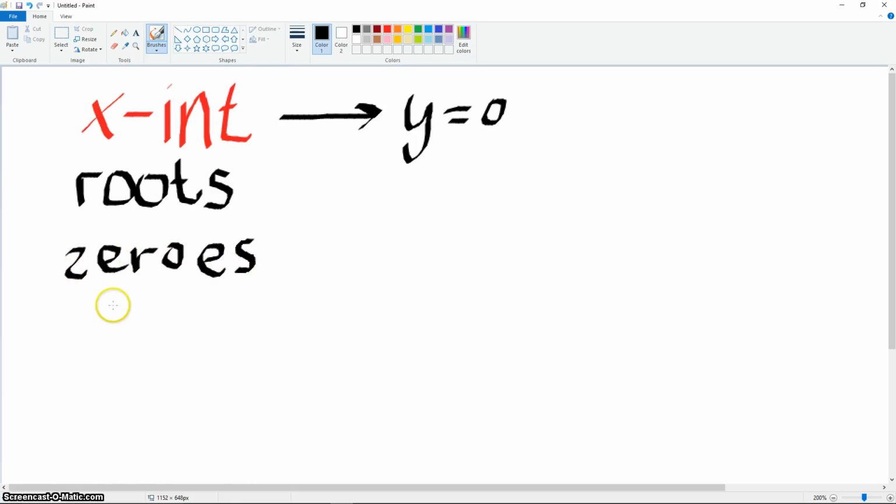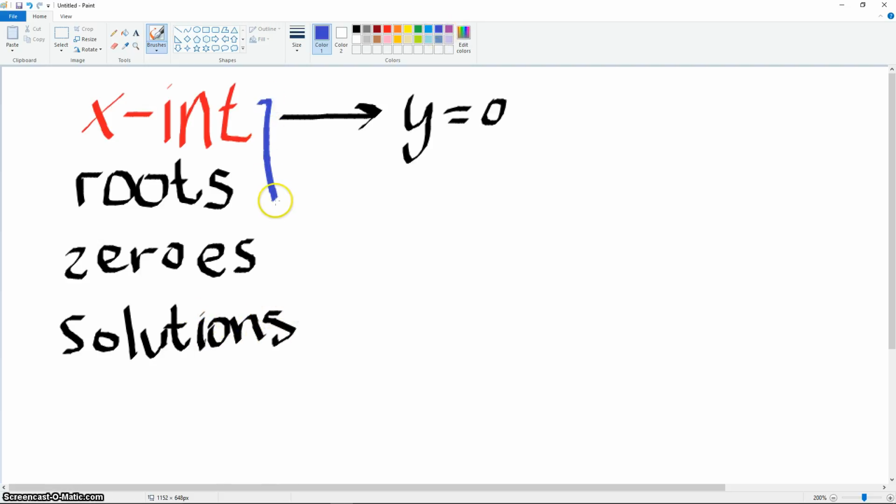You also may run across the word solutions. All of these, x-intercepts, roots, zeros, and solutions, they all mean the same thing. Y is equal to 0.